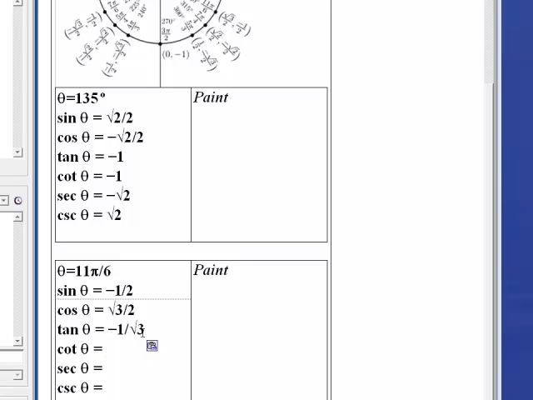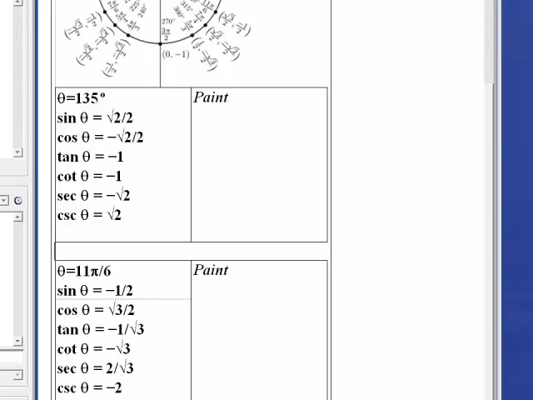Cotangent is the reciprocal of that, so square root of 3 over 1, with a negative in front of that. Secant is the reciprocal of the cosine, so it's 2 over the square root of 3. And cosecant is the reciprocal of sine, so it's going to be negative 2.